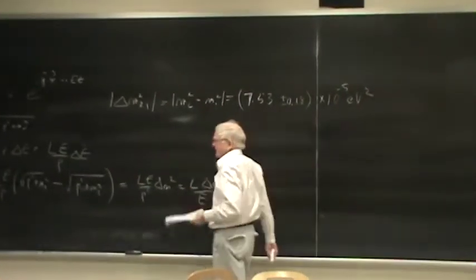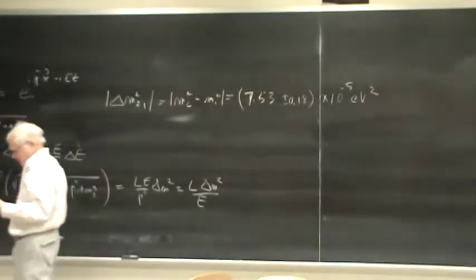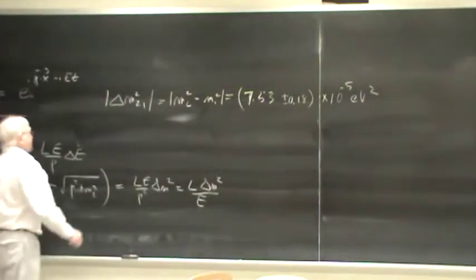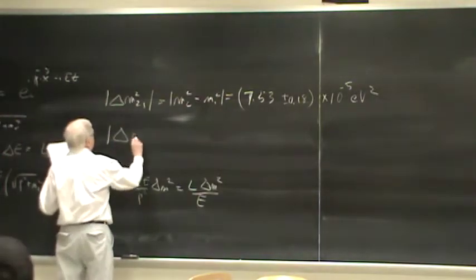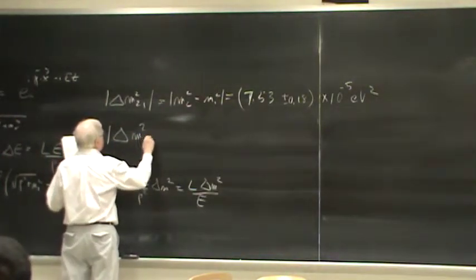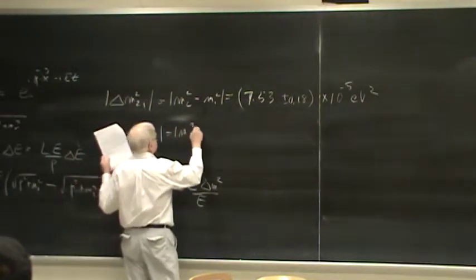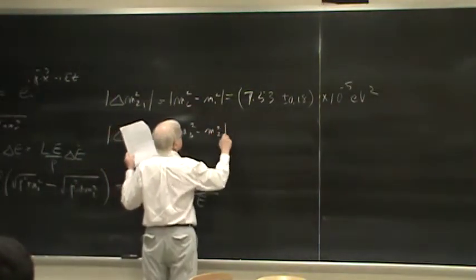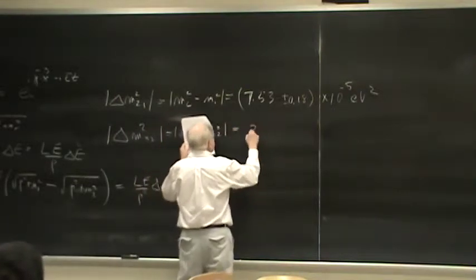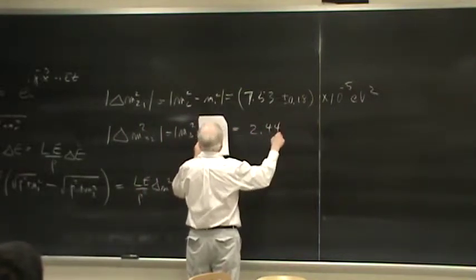So 2 of these masses are very close together. And then we have delta m squared 3,2. This is, say, m3 squared minus m2 squared. And this one, there are two choices for this.